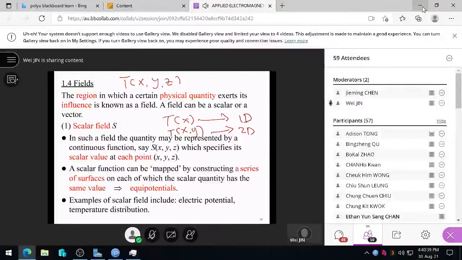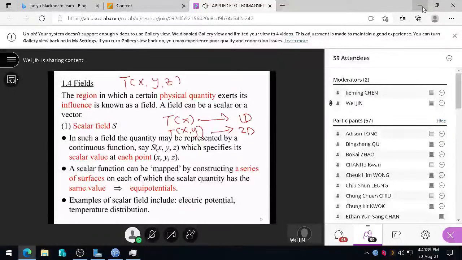Now here, I give you one example. This is an electrode conductor connected to Earth. Here's another conductor connected to 50 volts. You can imagine the potential between these 2 conductors will go from something larger than 0 to something smaller than 50. You can imagine the 25-volt equipotential line will be somewhere in the middle.